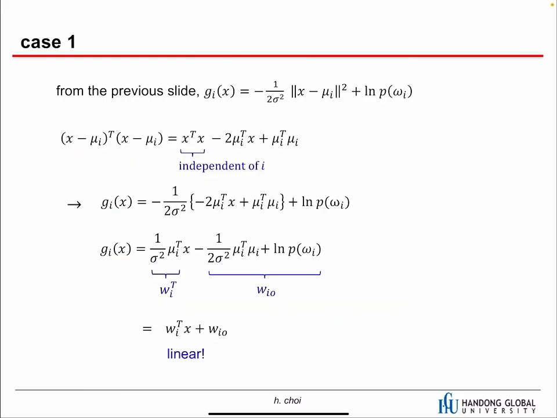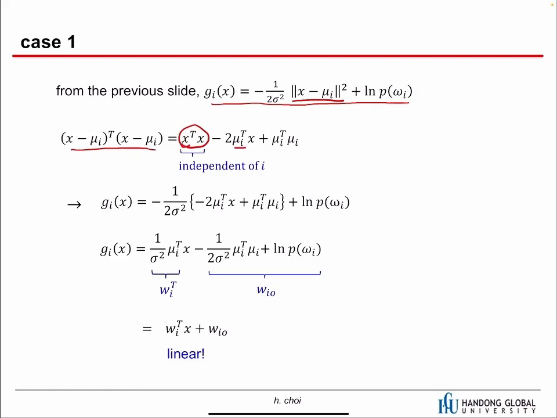From the previous slide, we got this: g sub i of x is like this. Now we want to delete more constant terms and terms that are independent of classes. This part can be rewritten in this way, and x transpose x is independent of class i.